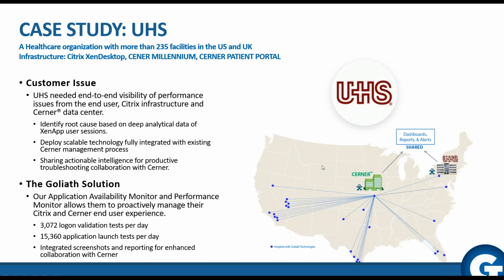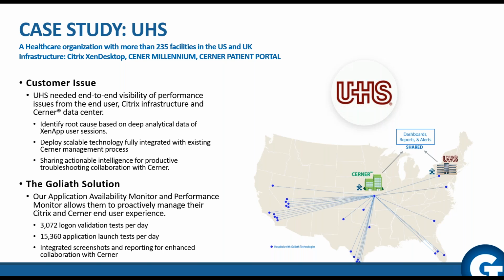And we'll get into what that technology looks like, but just to give you an example on the map here, these blue dots indicate some of the different acute care facilities across the U.S. that UHS has. Those acute care facilities are running the Goliath Application Availability Monitor as an endpoint, logging into the environment through actual Citrix sessions, through the UHS and Cerner networks and data center environments to confirm and validate that when a real user attempts to log into the environment, they're going to be able to do so.